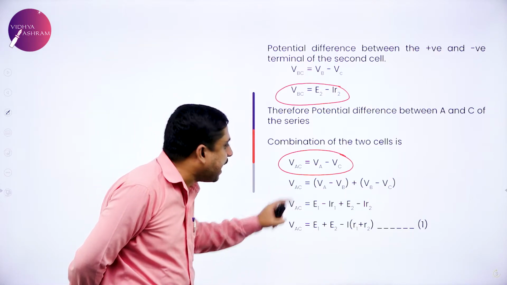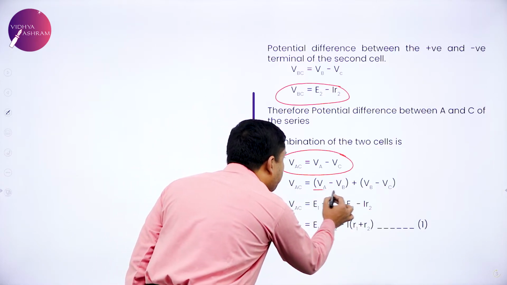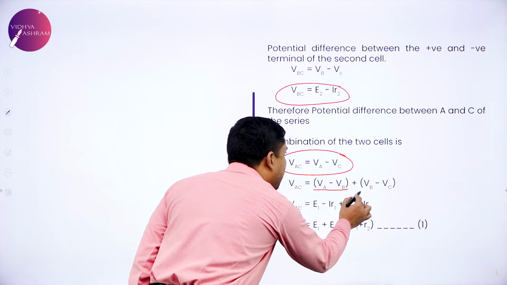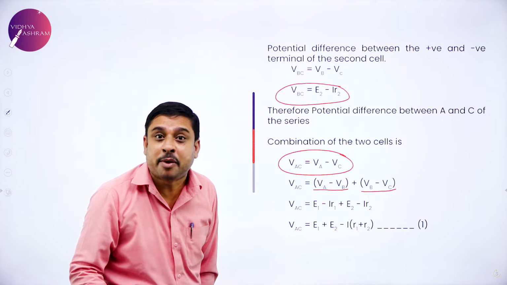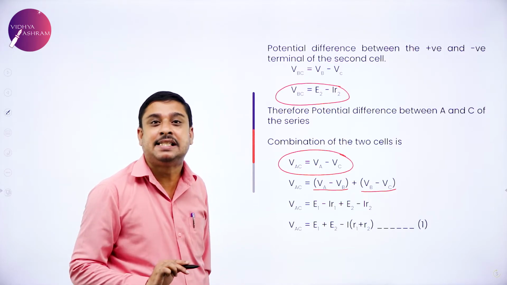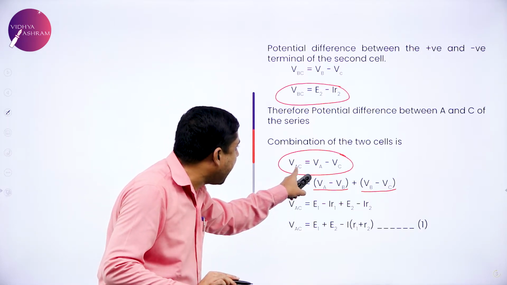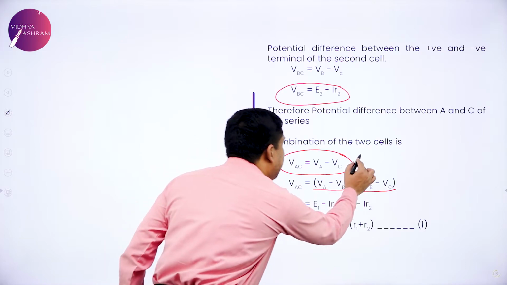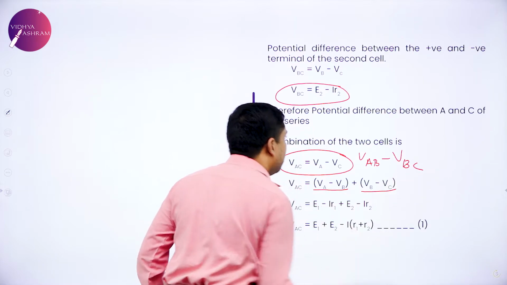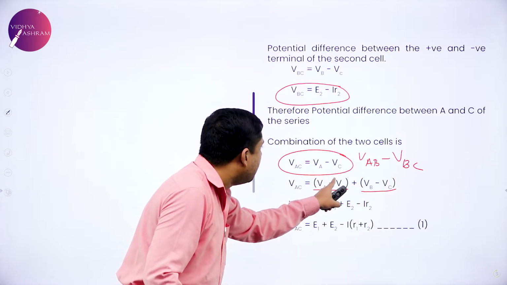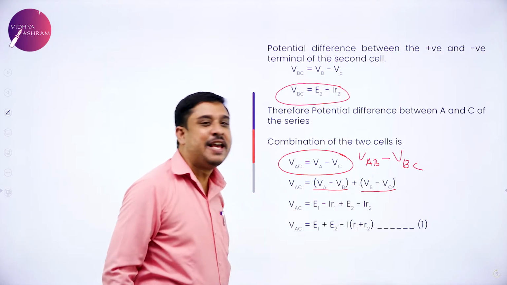This VAC I have split as VA minus VB plus VB minus VC, because there is an intermediate point, point B, in this circuit, which also has some potential. So I have written VAC actually as VAB plus VBC. So VAB is VA minus VB, plus VB minus VC.